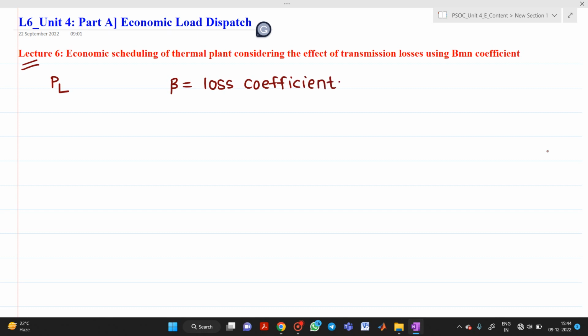There are a few assumptions we have to take while deriving this expression. First one is that all the lines in the system have the same x by r ratio.